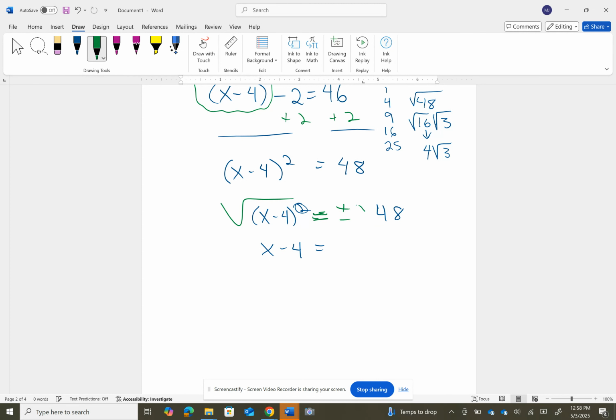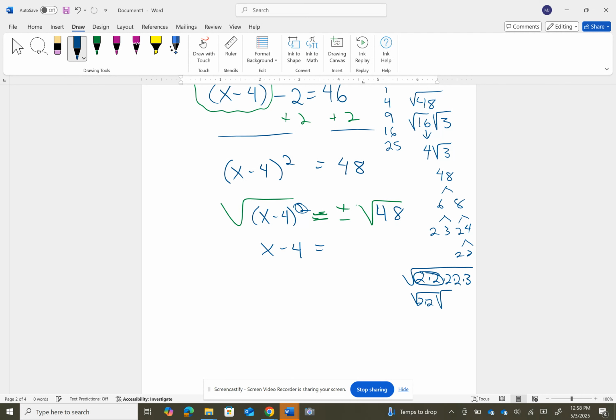The other way to do it is to take the 48 and break it down into its prime factors. You might have thought 6 and 8, 2 and 3, 2 and 4, and then 4 is 2 and 2. So you have four 2s and a 3, and you're trying to take the square root of this. You need a pair of factors to have a perfect square. 2 times 2 is 4, so you can take the square root of that.